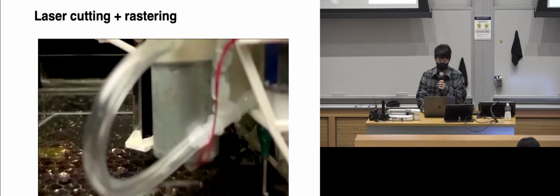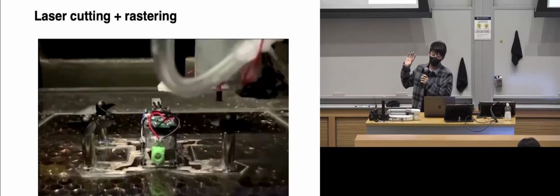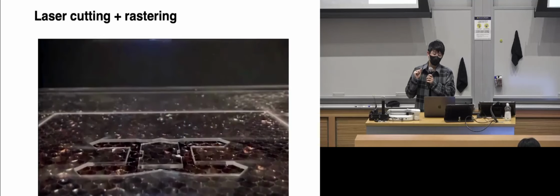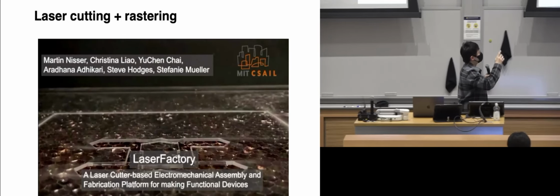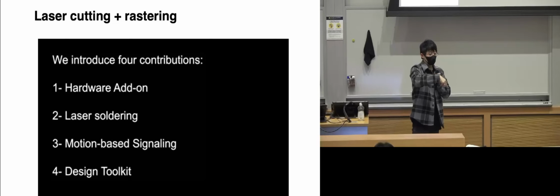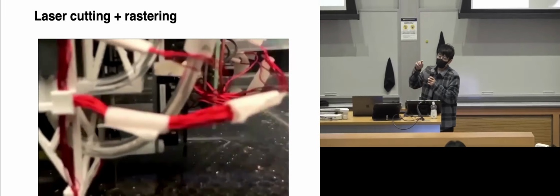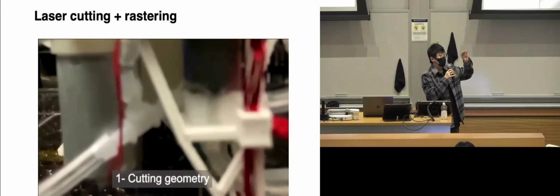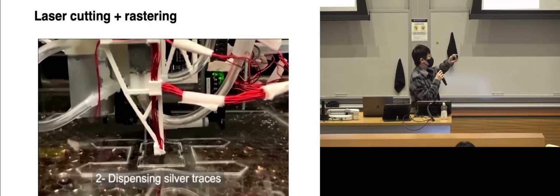Let me just show you how it was done, actually. So how it was done is basically we have the laser cutter cut out this acrylic board, the object shape, and then we add an additional dispenser, like a syringe design, for the nanoparticle silver paste.